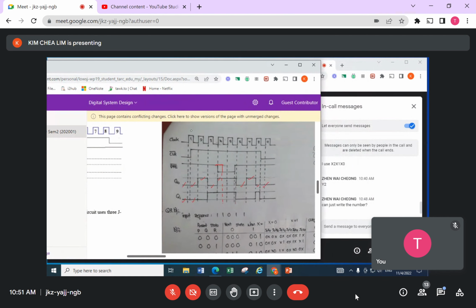For this question, if you were to just write the numbers, you would find that the clear and preset conditions are difficult to decide. So you trace, copy the question, then present your answer in this form. So this is the answer that I am going to have.